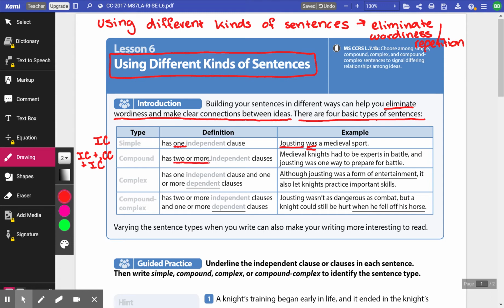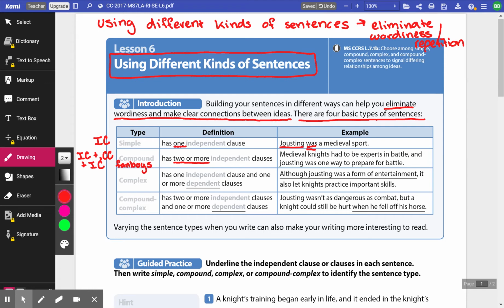So a compound sentence is only going to have independent clauses, and those 2 independent clauses are joined with our coordinating conjunctions. And just so you don't forget, those are our fanboys. So for, and, nor, but, or, yet. And so a compound sentence must have one of those coordinating conjunctions, one of those fanboy words.